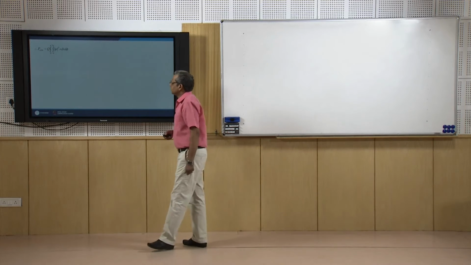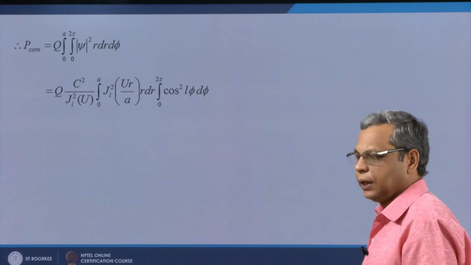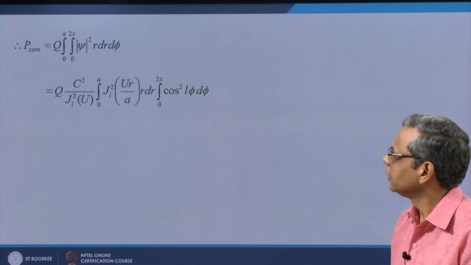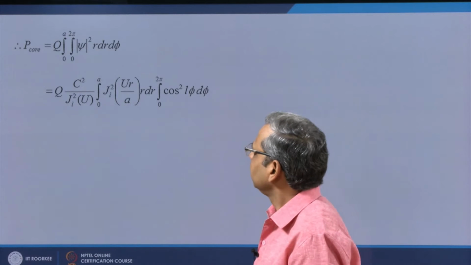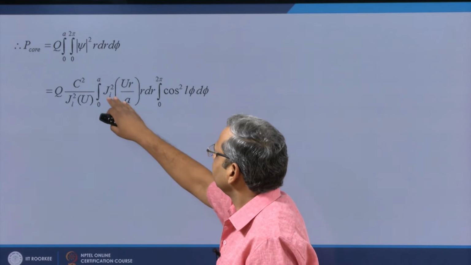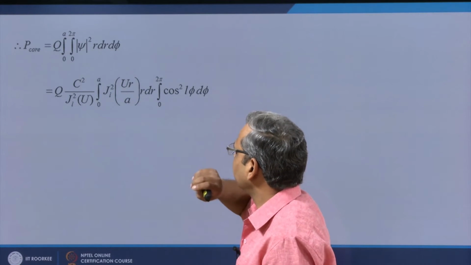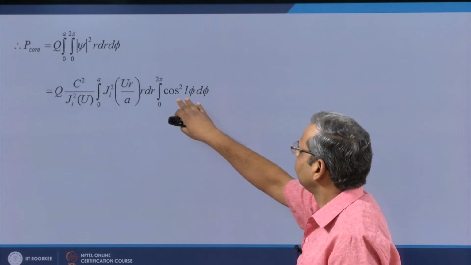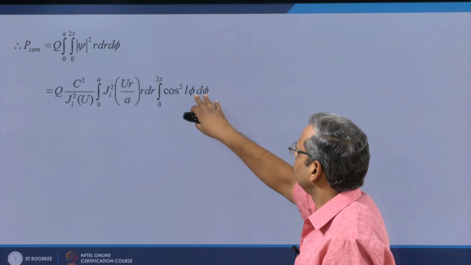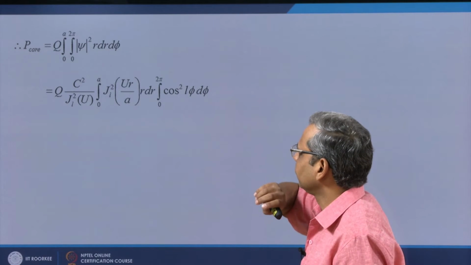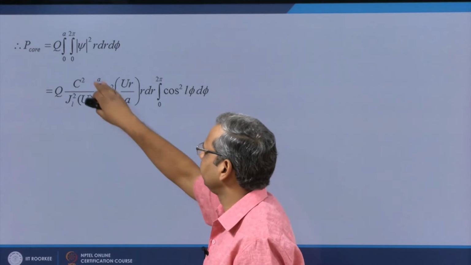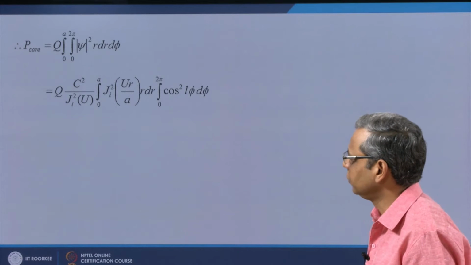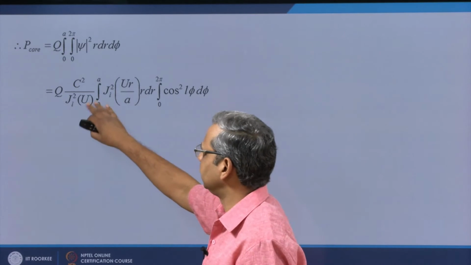So, P core is this, and if I now substitute the modal field of the core, then it would be of the form J_l square (u r over a) r dr, and then the phi part would be cosine square l phi d phi, and this would be the constant which comes out, c square times q, and then there would be J_l square u.